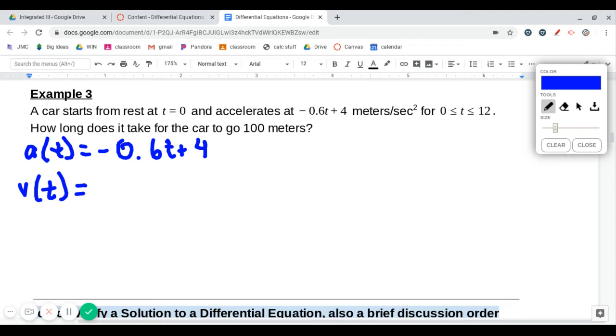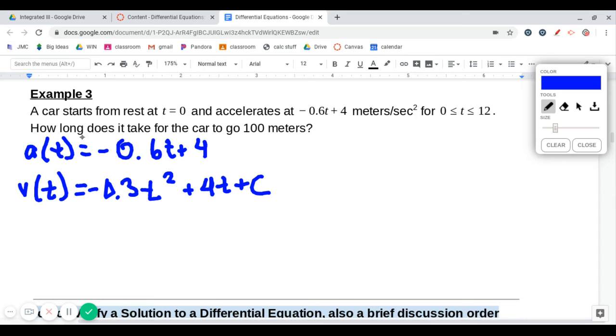So let's find the velocity function. The velocity function is the integral of the acceleration function, which is, let's see, this will be t squared, this will be negative 0.3, plus 4t plus c. Okay, now to find c, we need to know some sort of initial condition.